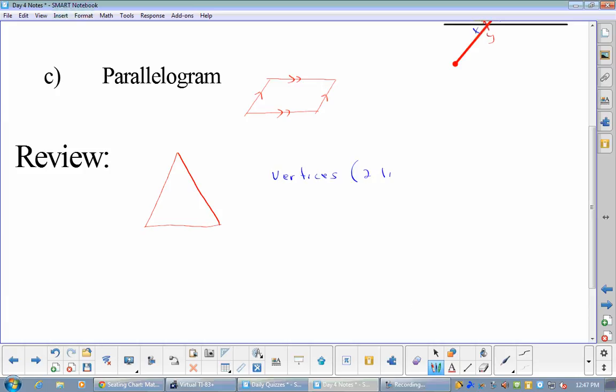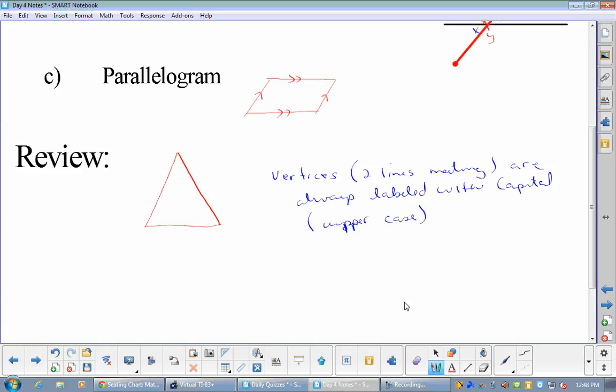Okay, two lines meeting are always labeled with capital letters. We can also call that uppercase. Right?